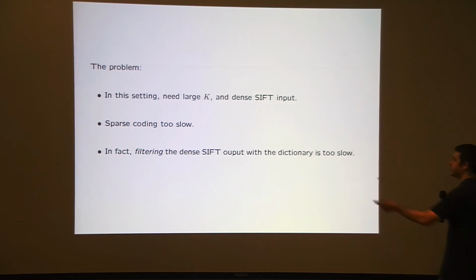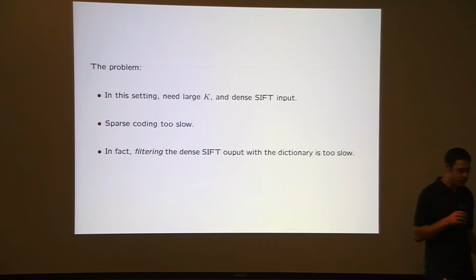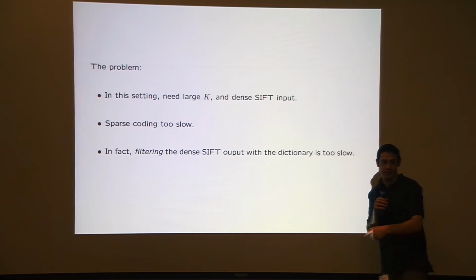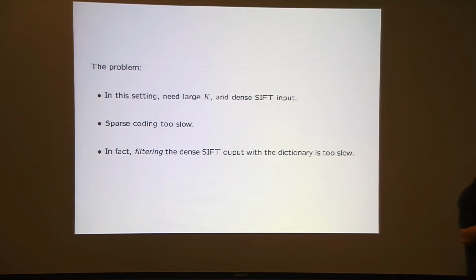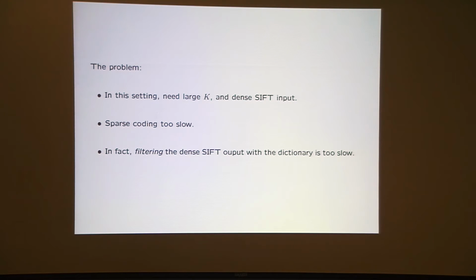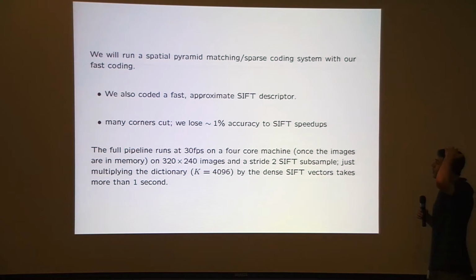Your dictionary size K is like 4,096. So you have a 4,096 by 128 matrix to multiply against a 128 by 15,000 matrix. That already takes about 0.4 seconds on multiple cores. So you have to use something like what we talked about earlier: an encoder that doesn't force you to multiply the dictionary by the data.